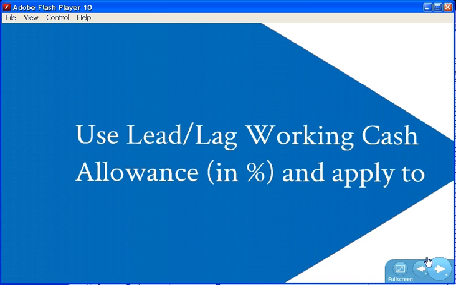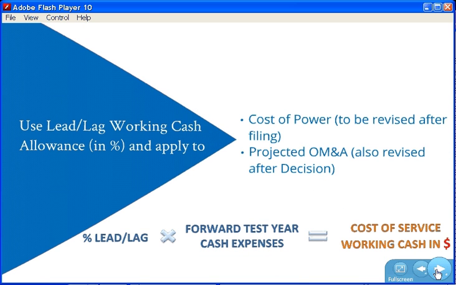So basically what we do is you will use the lead lag percentage that we found from the previous or historical data, and then you will apply it to your projected cost of power based on your newest load forecast and also the projected OM&A, the ones you're asking for approval. So again, you're using your percentage of lead lag times your forward test year cash expenses, and this will give you your cost of service working cash that you're going to include in your rate base.